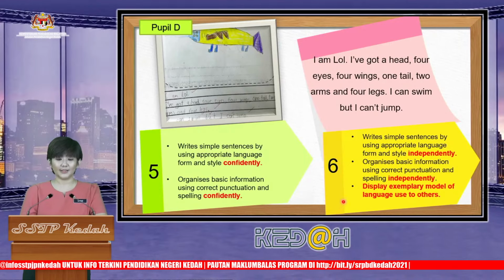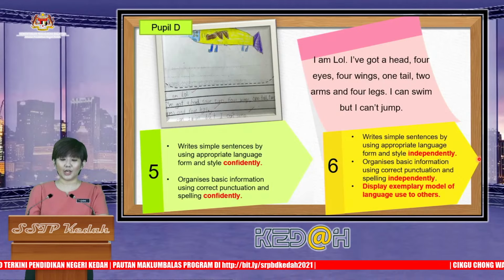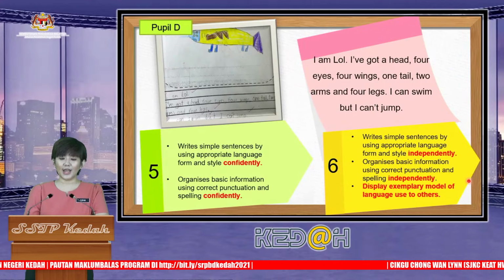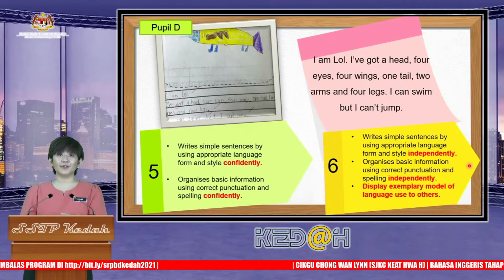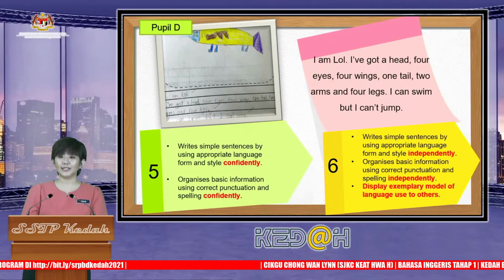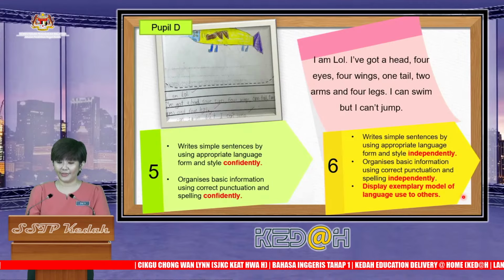Whereas for PL6, the pupil can write simple sentences by using appropriate language form and style independently. Organize basic information and using correct punctuation and spelling independently. And what is the main difference between the two besides confidently and independently is this one. Display exemplary model of language use to others.